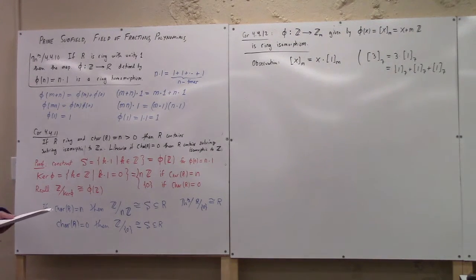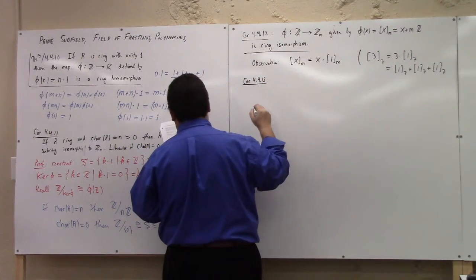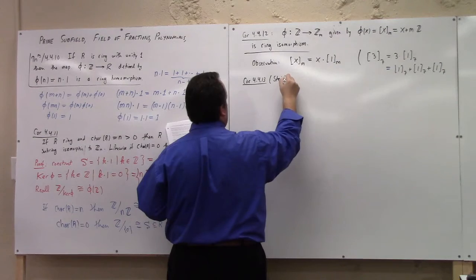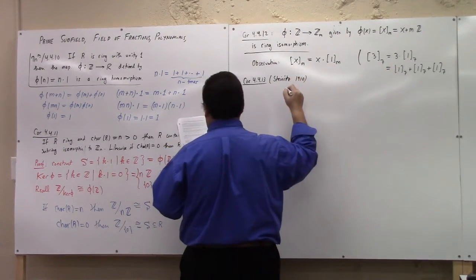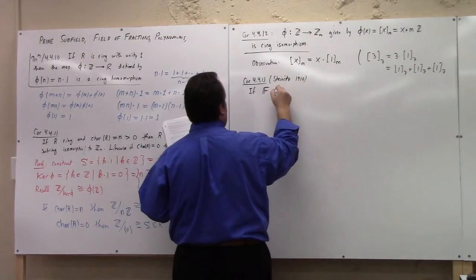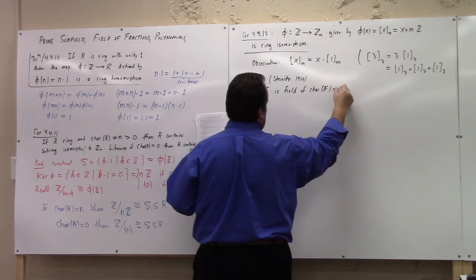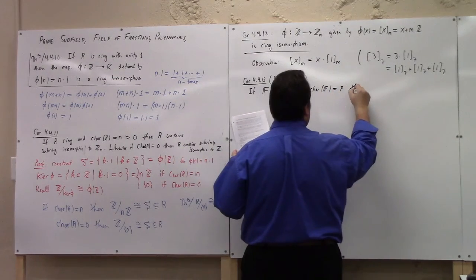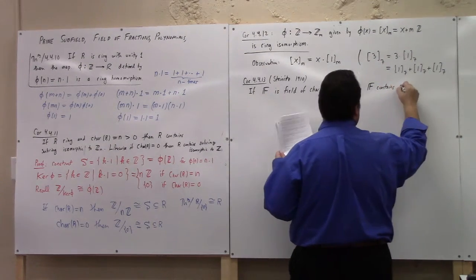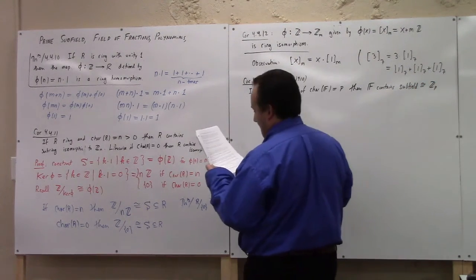All right. Corollary 13. This is a theorem due to Steinitz (1910), and it says if F is a field of characteristic p, then F contains a subfield isomorphic to Zp.